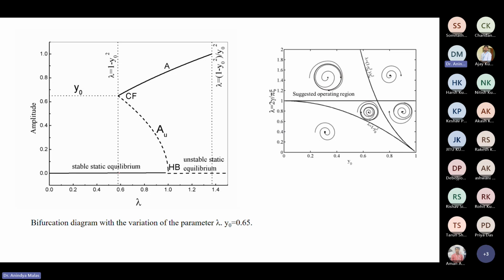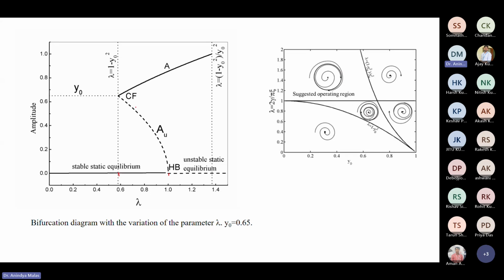From 0.6 to 1, there is a presence of the unstable limit cycle as well as the stable limit cycle.